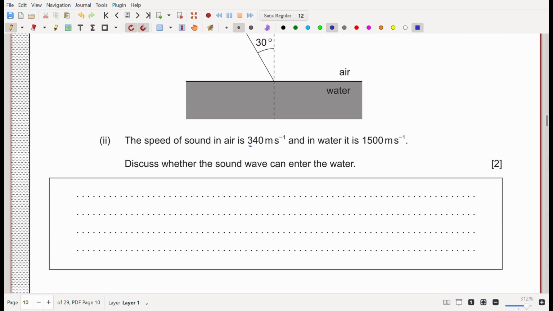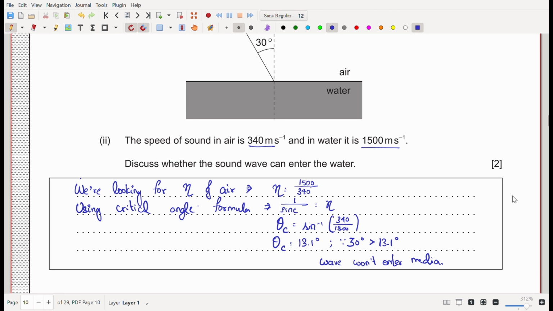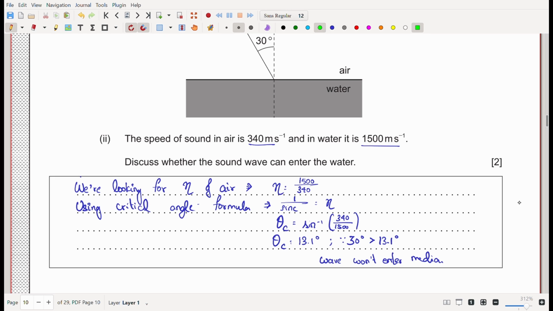The speed of sound in air is 340 meters per second, and in water it's 1500 meters per second. So we have to discuss whether the sound wave can enter the water or not. So I'm just going to write everything out and then explain it so that it's pretty easy to understand. Okay, so here we are looking for the refractive index, which I'm going to represent with eta.